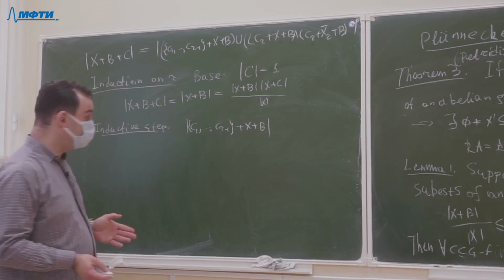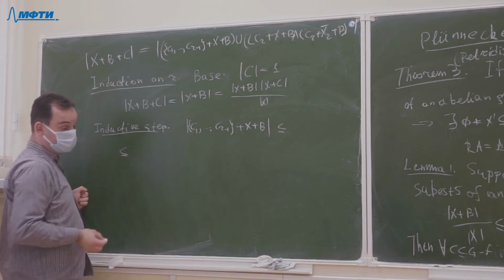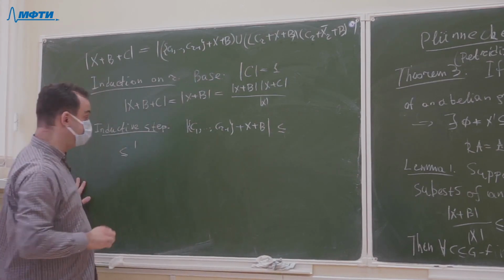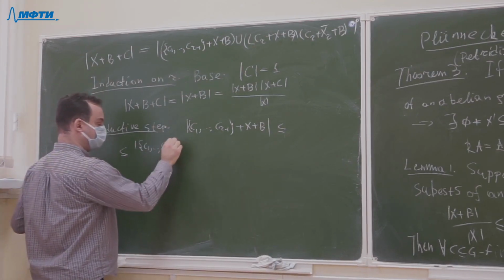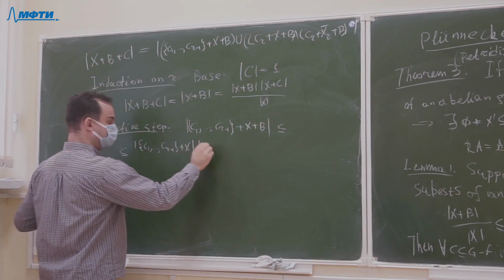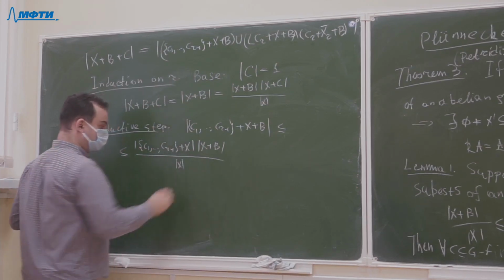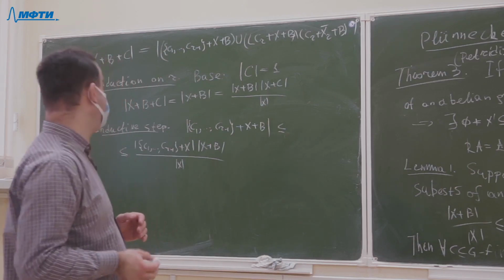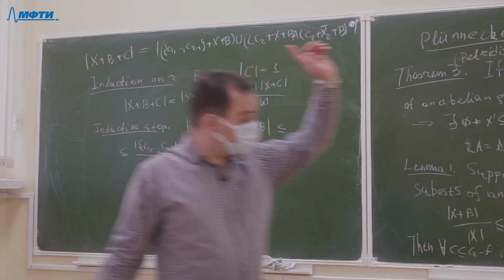This is at most, by our supposition, C_1 ... C_{r-1} by plus X by X plus B divided by X. Okay, now we use our supposition, right?